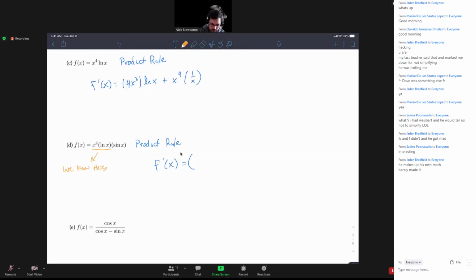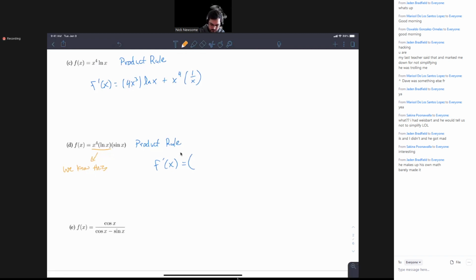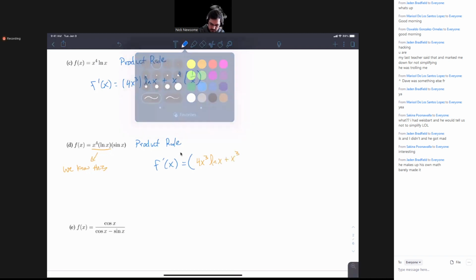And I'm going to color code things. So the derivative of the first one is what we already calculated, 4x cubed natural log of x. And then I'm going to simplify it just to make my life a little bit easier.